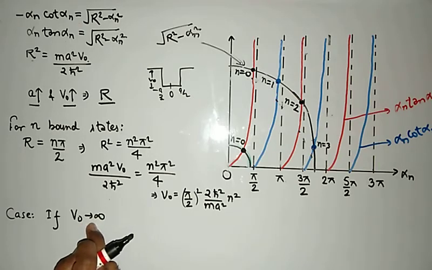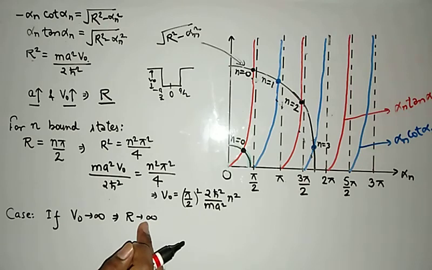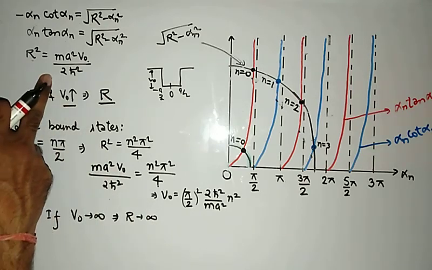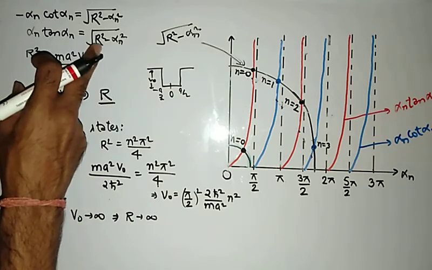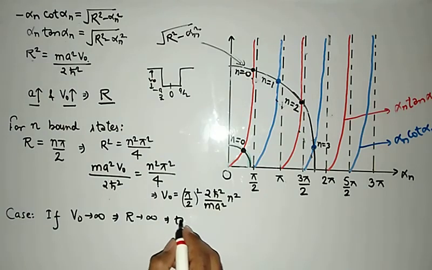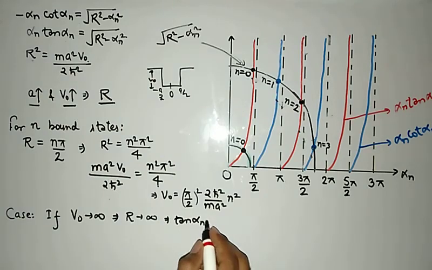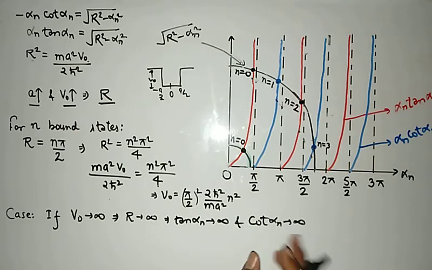It means that R tends to infinity from this relation, and from this relation tan alpha n tends to infinity, and also cot alpha n tends to infinity.